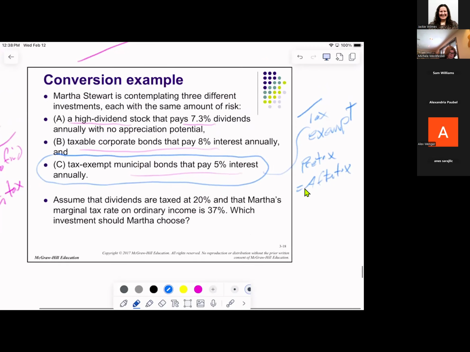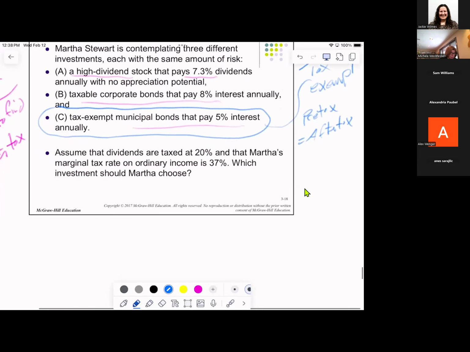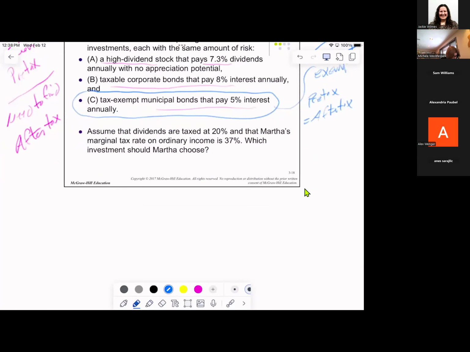So if we're trying to figure out the after-tax rate of return for that municipal bond, it's just equal to our pre-tax. So that's a 5% rate of return. Now we've figured out the after-tax rate of return for that first investment.